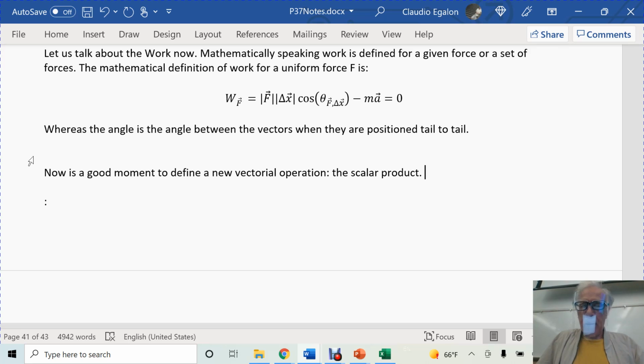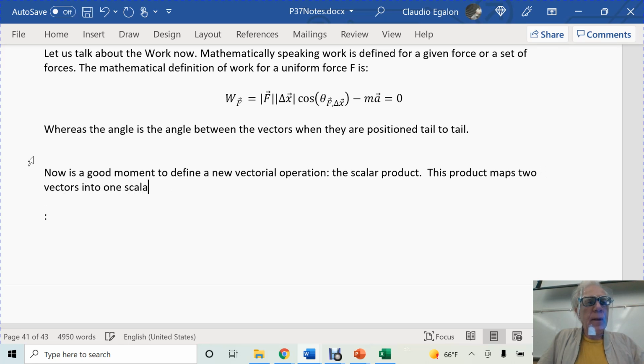This product maps two vectors into one scalar. That's what it is. It transforms two vectors into one scalar.